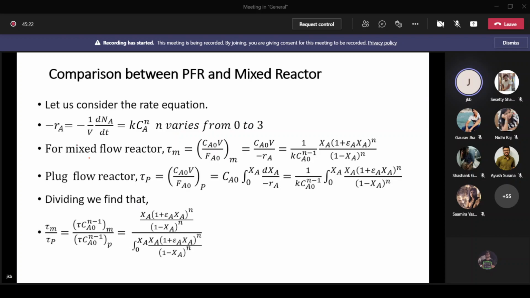For mixed reactor tau m, we can write Ca0 V by Fa0 m is equal to 1 by K Ca0 to the power n minus 1. This is coming from the rate expression, and that rate expression is substituted in the mole balance.